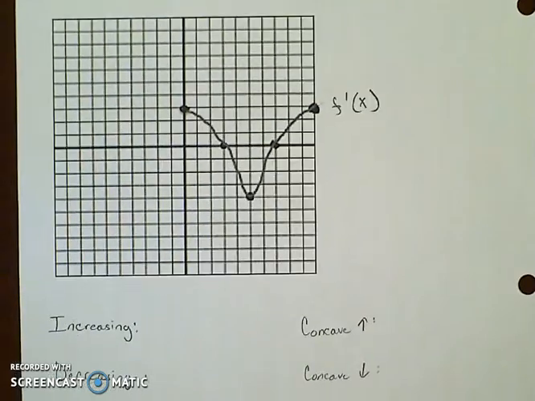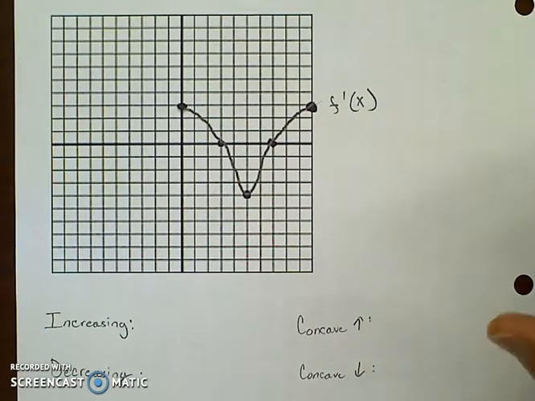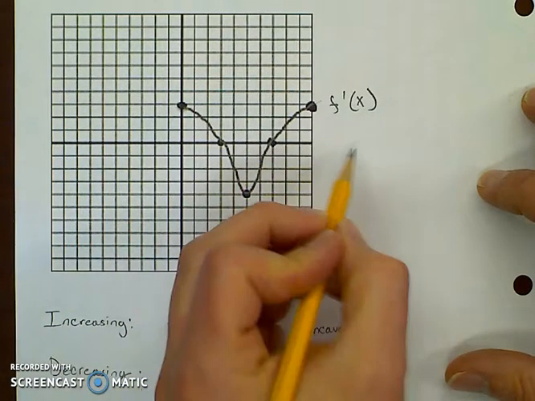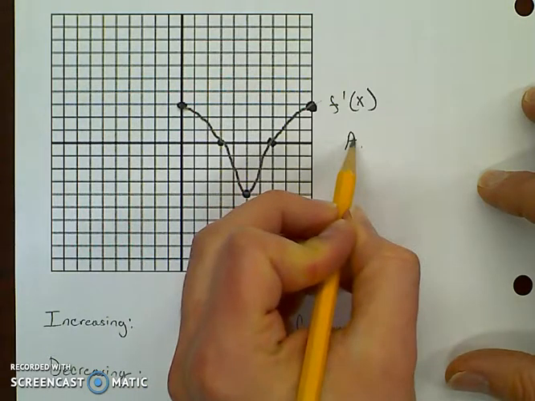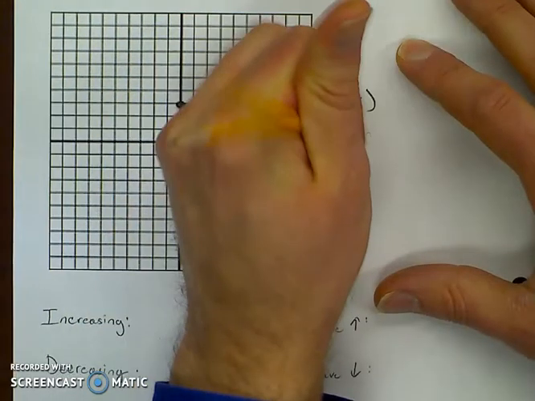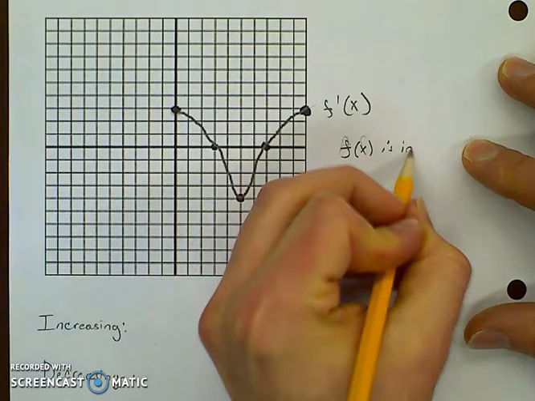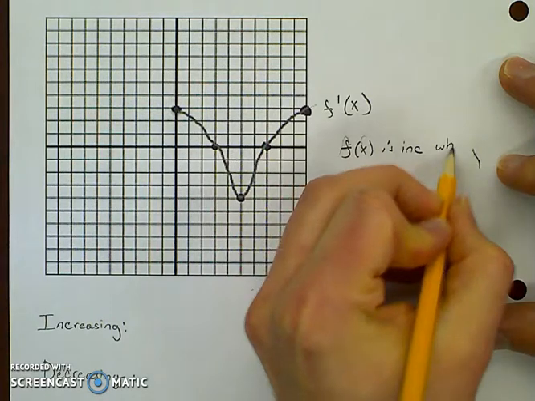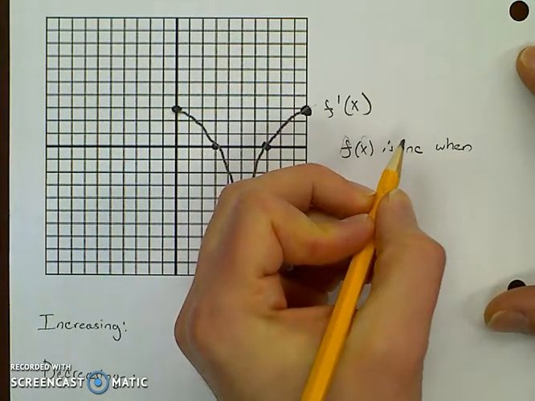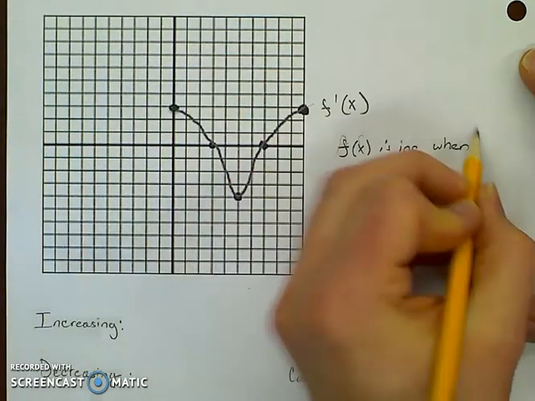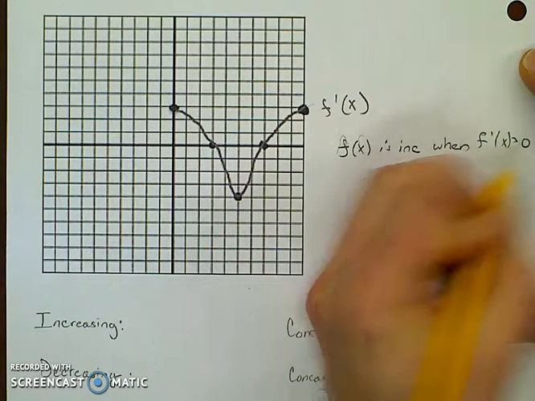So if we look at all this, notice that, let's start with this, f of x is increasing when what? f prime of x is greater than 0.